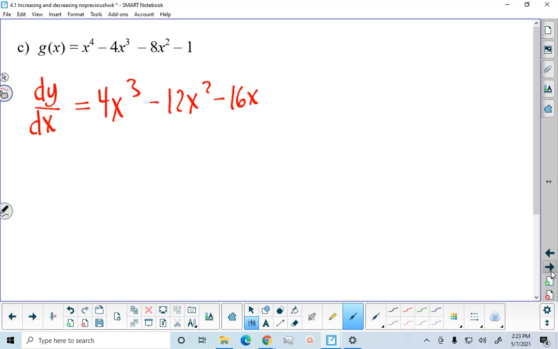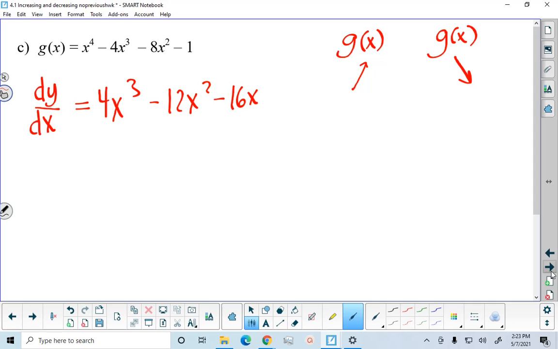Again, I don't want to have to repeat this all the time, but I'm doing it because I think it bears repeating. If you're asked to find out where g of x is increasing and where g of x is decreasing, then the thing that will tell you is the derivative, g prime of x, or dy dx, or whatever you want to call it.